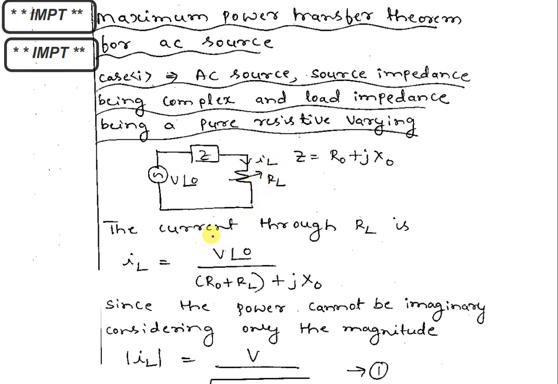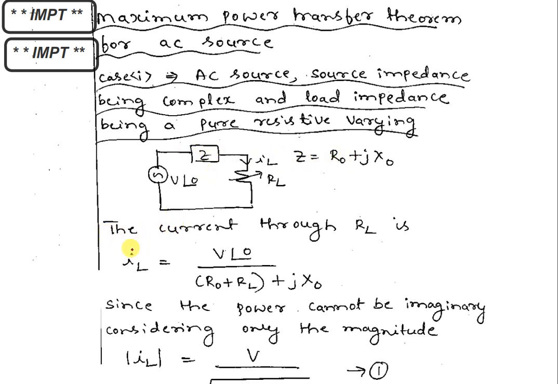The statement is that maximum power will be delivered from the AC source to the pure resistance load when RL is equal to the magnitude of the source impedance. The magnitude of R naught plus jX naught is the root of R naught square plus X naught square. So the value of RL should be root of R naught square plus X naught square, the magnitude of the source impedance, and that we have to prove now.